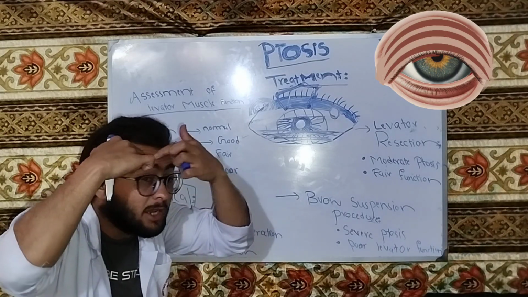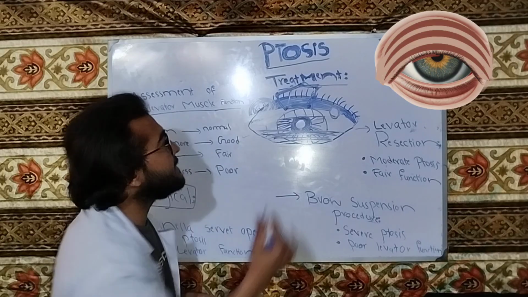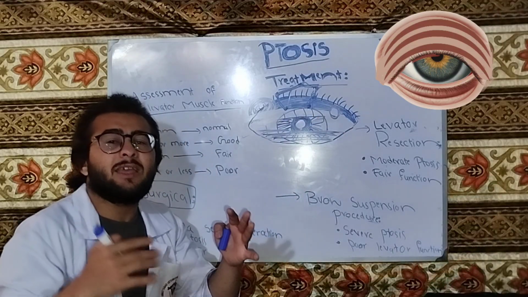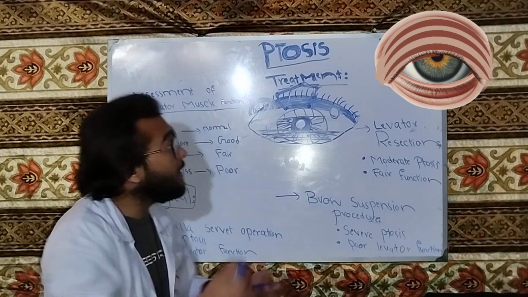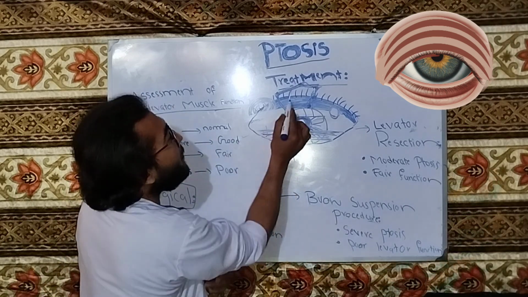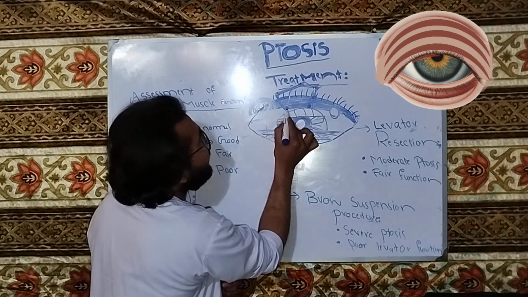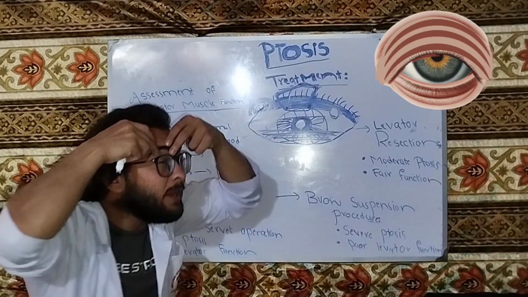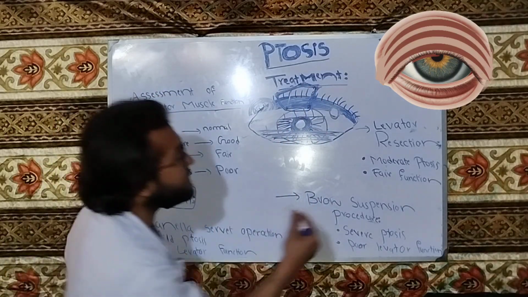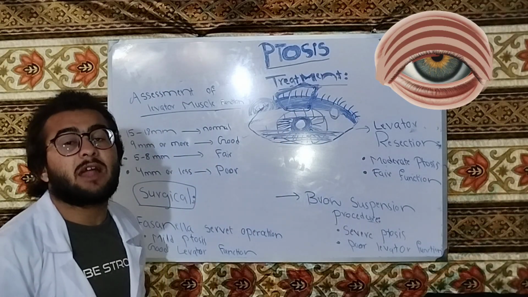Like in a hexagonal pattern, we take a fascia from the patient's body, then pass the fascia like this and form a hexagonal pattern suture. Okay, we are lifting the upper eyelid. This is called the brow suspension procedure or sling procedure.